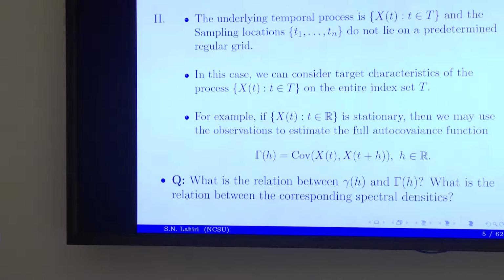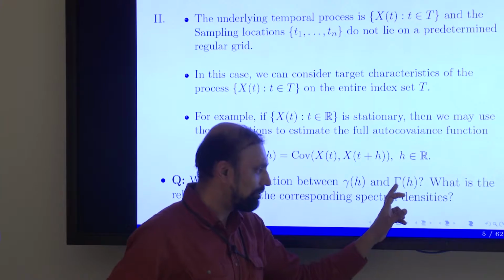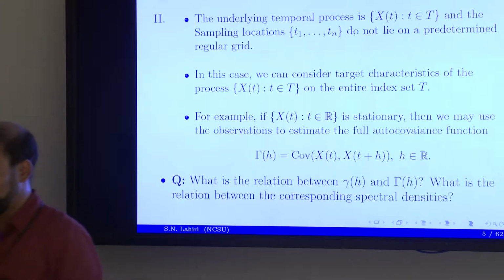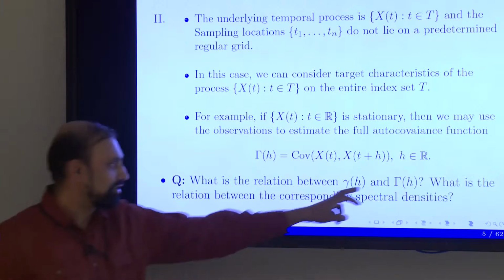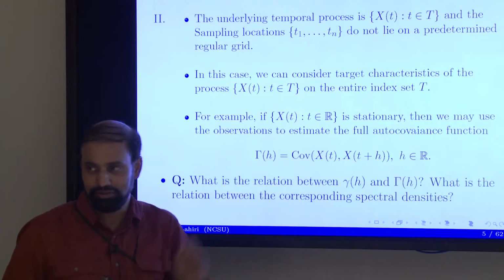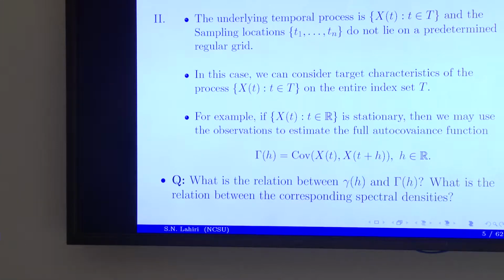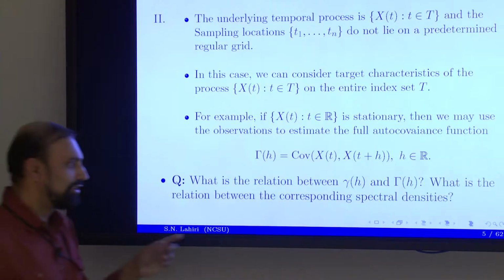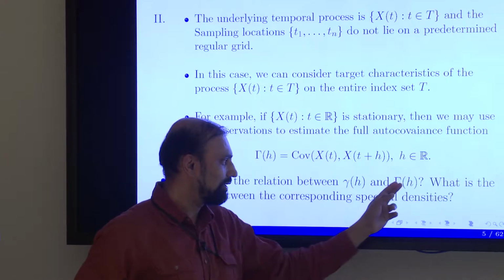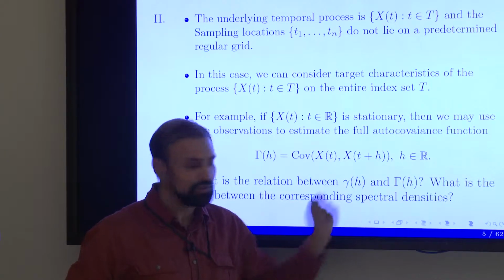I am assuming I have a continuous parameter process, and so I can define both gamma of h and capital gamma of h for all h in R, in which case the restriction of this function to Z will give me little gamma h. I just read out from this whole function on the real line, that is capital gamma of h, what happens only at the integer time points. As simple as that. So that's why I said it's silly. This is just something that is appearing here only for certain values of h.